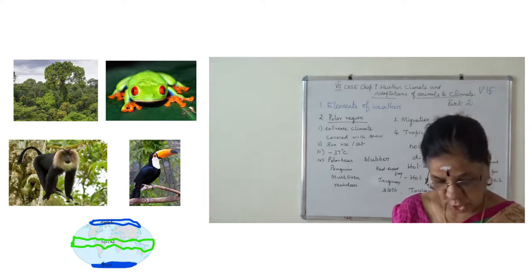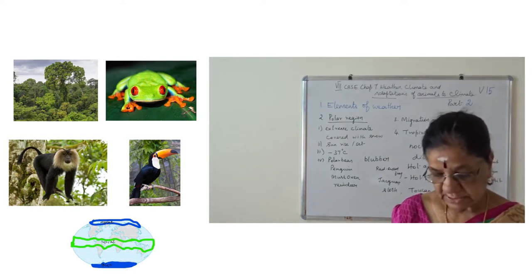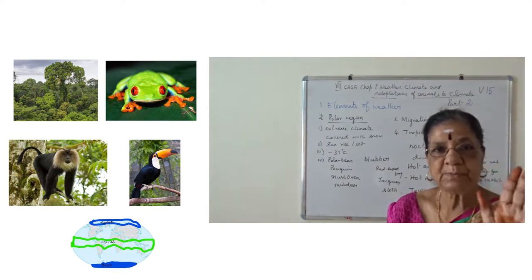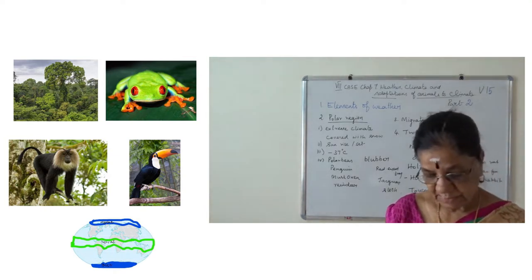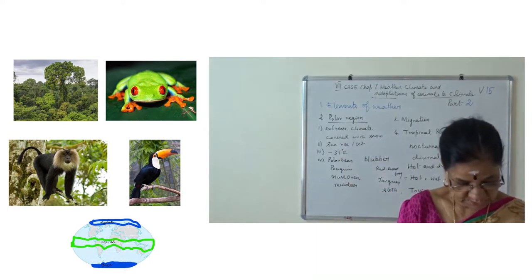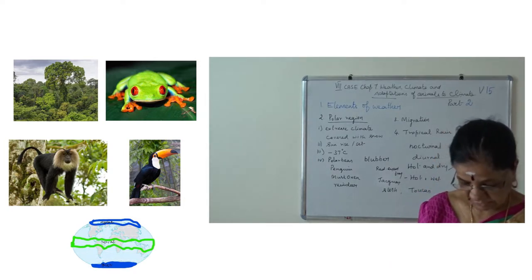Then tree frogs have sticky pads on their feet that help them to climb on trees. Then sloth bears are slow moving mammals that live on trees.